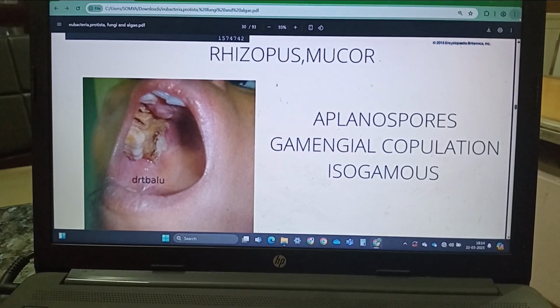In Rhizopus and Mucor, which are Zygomycetes, gamete formation takes place and the zygospore is formed by fusion of the two gametes. These gametes can be isogamous, anisogamous or oogamous. They are isogamous in the case of the Zygomycetes.